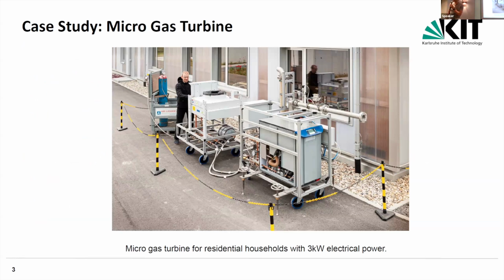Why are gas turbines important to energy transformation? Gas turbines are a backup to renewable energies. So whenever you have, for example, not enough solar or wind, gas turbines come for help. They are quick to start, and they can even work with different types of fuels.